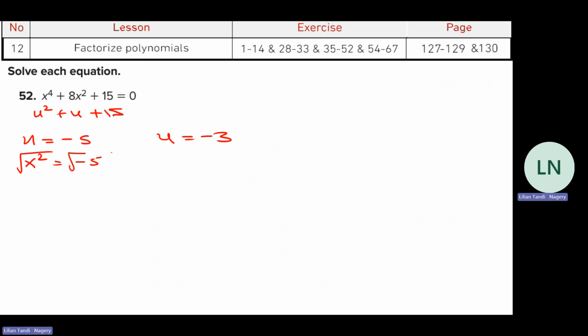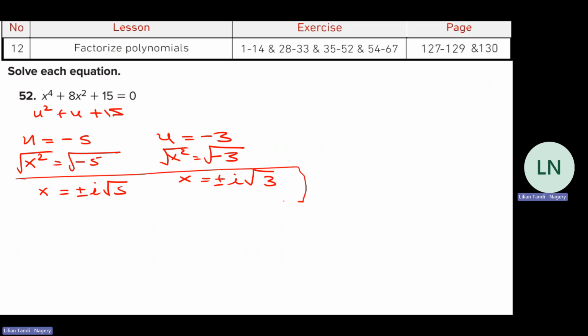Find the square root of both sides. x equals plus or minus i root 5. x squared equals -3. Square root both sides. x equals plus or minus i root 3. Okay, there are your 4 roots.